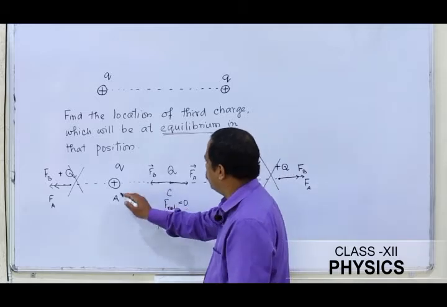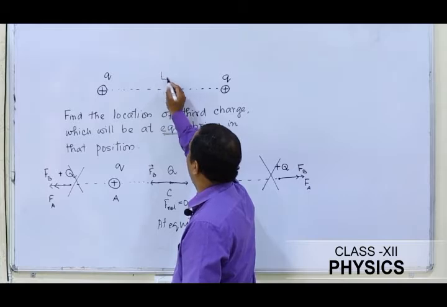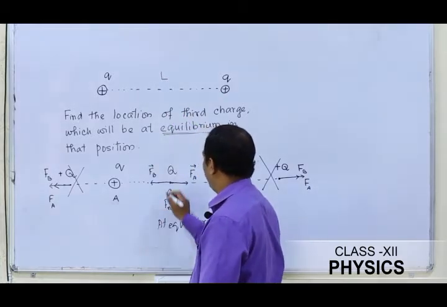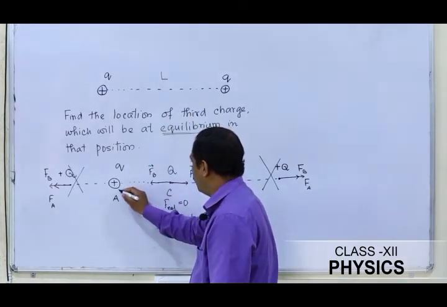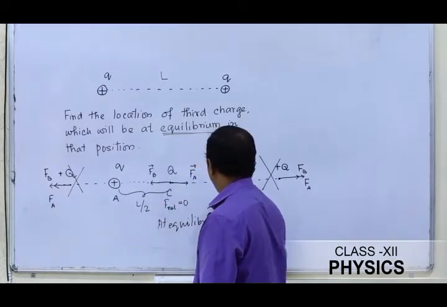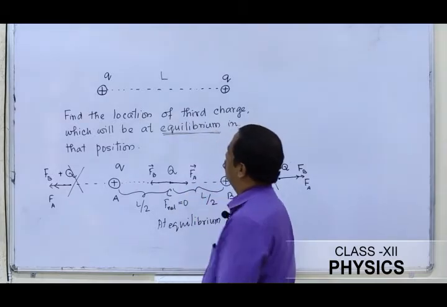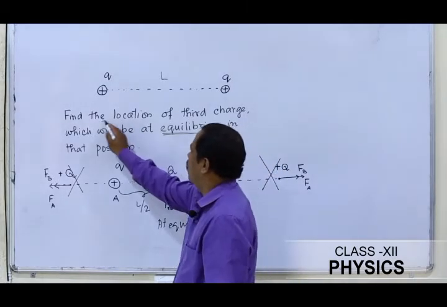So, if the total distance between this Q and this Q is L, then I'll find that the point from A will be L by 2, and from B will be L by 2. So thus, find the location.